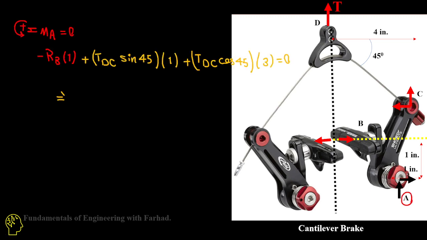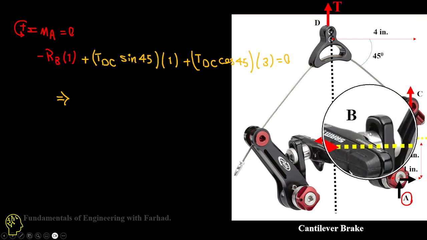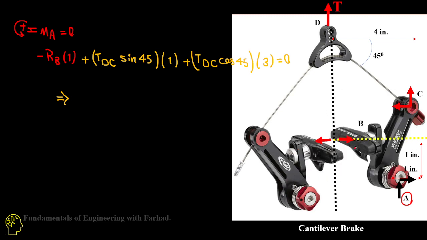If we look at the configuration, the best point to calculate the reaction RB is the pivot point A, because in that case we remove these two forces.